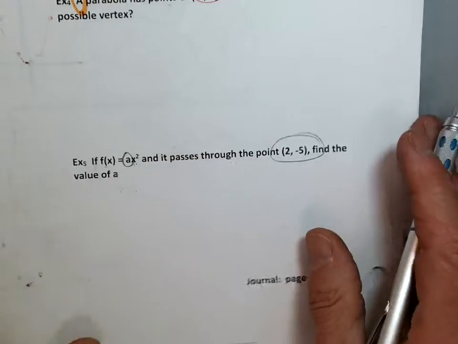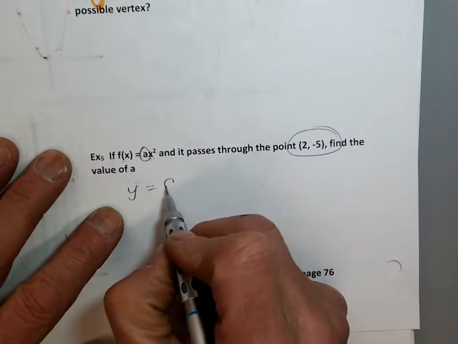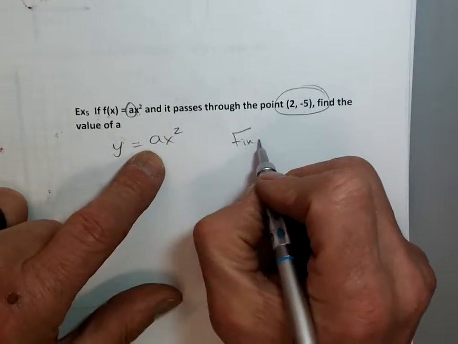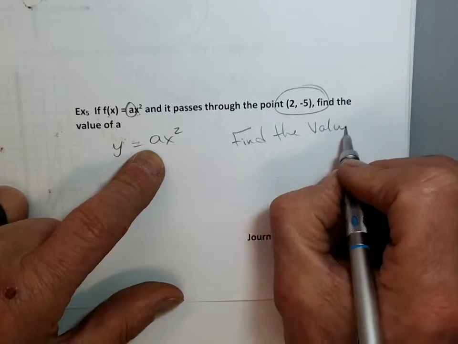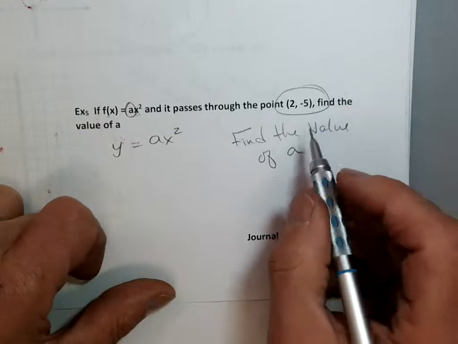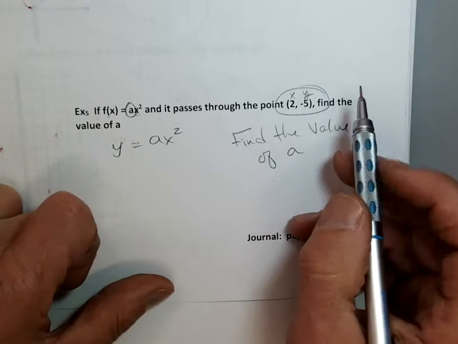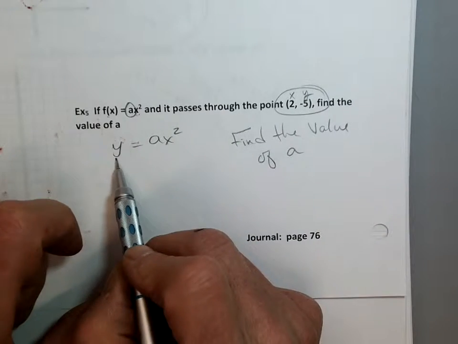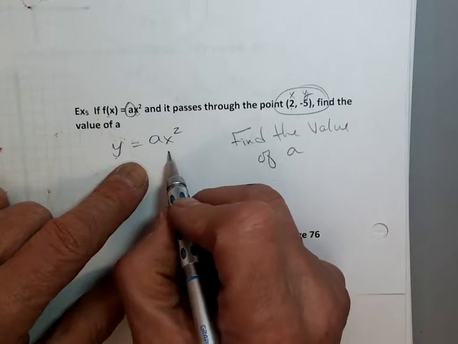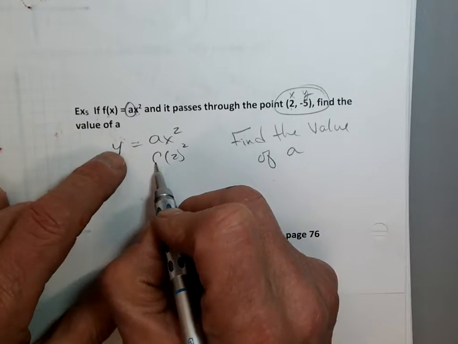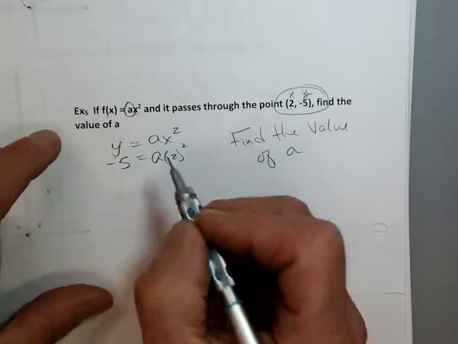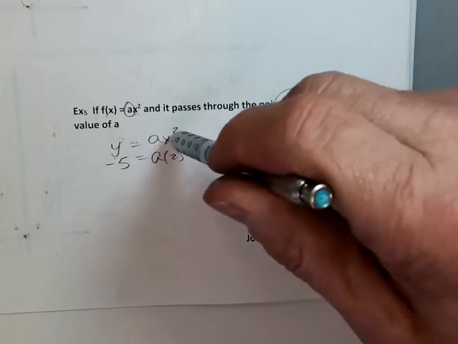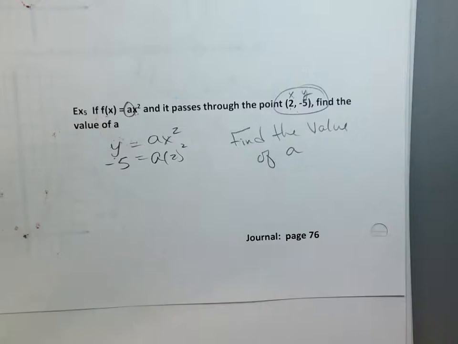We did this with our egg drop, okay? So let's change this to y equals ax squared, okay? And I want to find the value of a. All right, I can do that. Every point has an x and a y value, right? We're going to put our 2 in for the x and our -5 in for the y. Now it's easy, because all I did is put the 2 in for the x value and the -5 in for the y value, and I'm just going to solve.